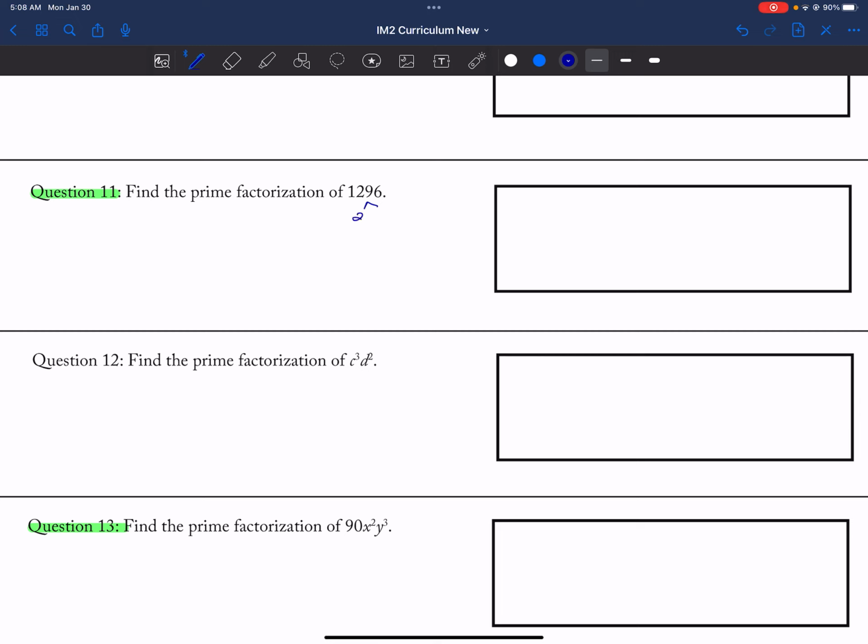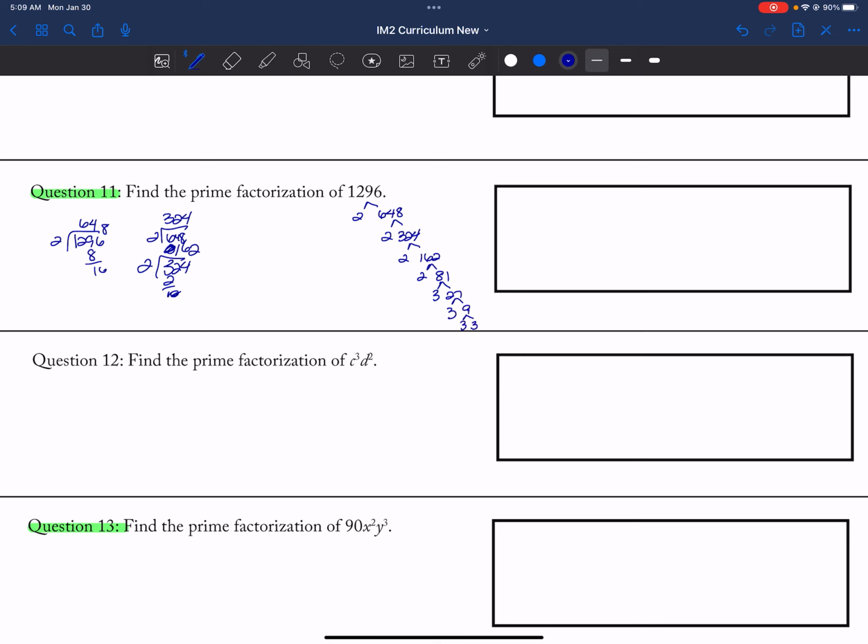1,296. Oh boy. So again, do your arithmetic. 2 into 1296 is 648. 2 into 648 is 324. 324 divided by 2 is not 2, it's 162. 2 and 81, 3 and 27, 3 and 9, 3 and 3.